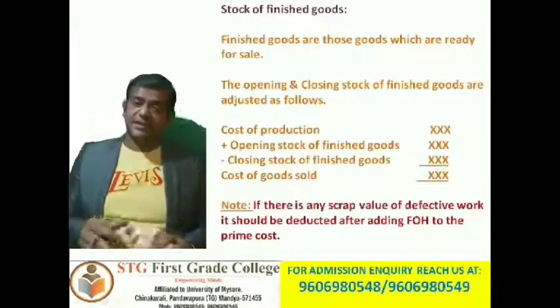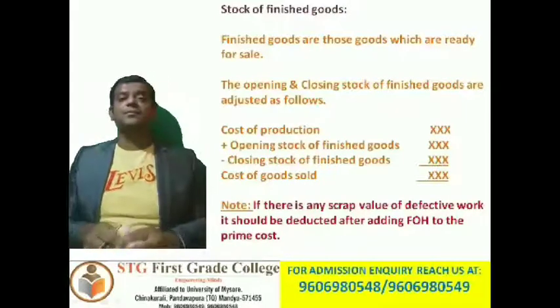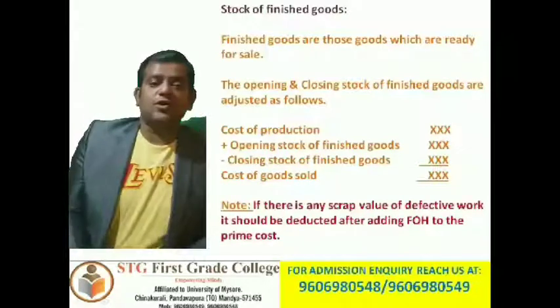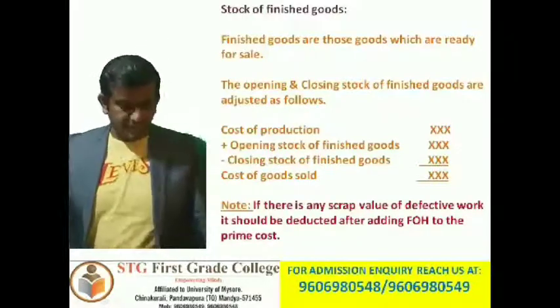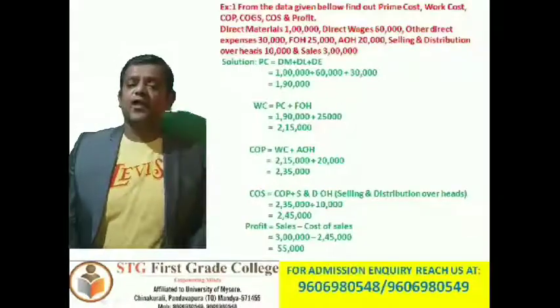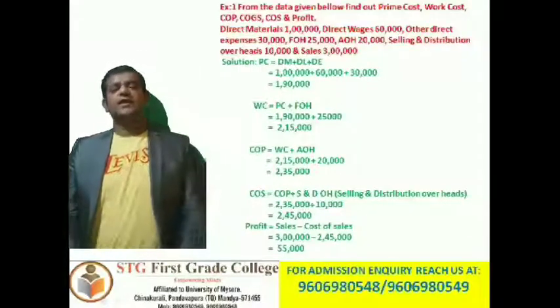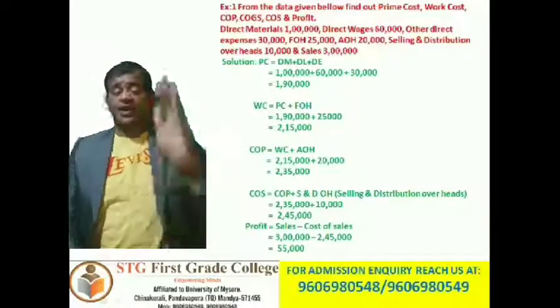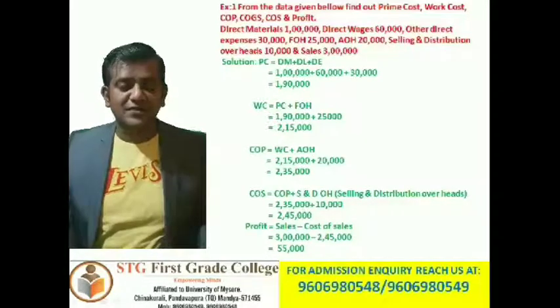As yesterday we learned a few example problems, today also we are going to learn a few example problems. From the following data, find out prime cost, work cost, cost of production, cost of goods sold, cost of sales and profit.